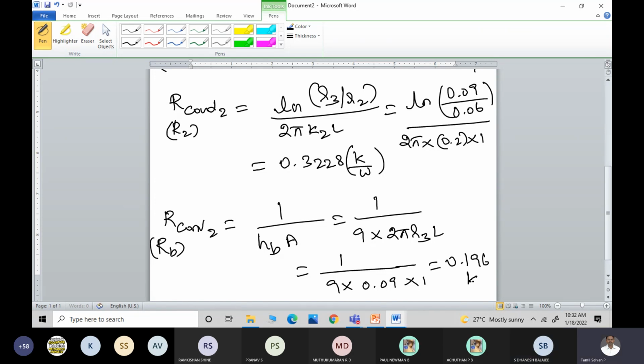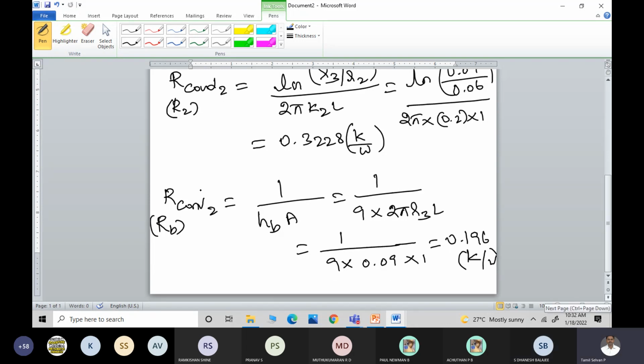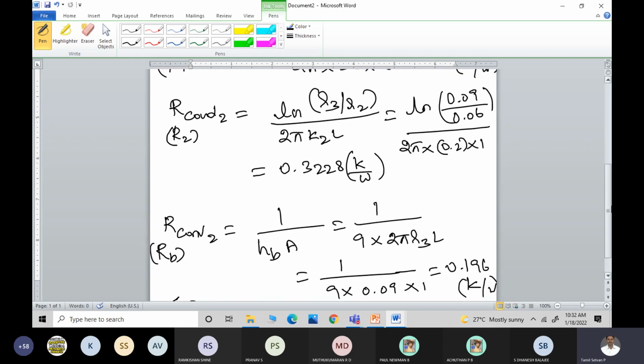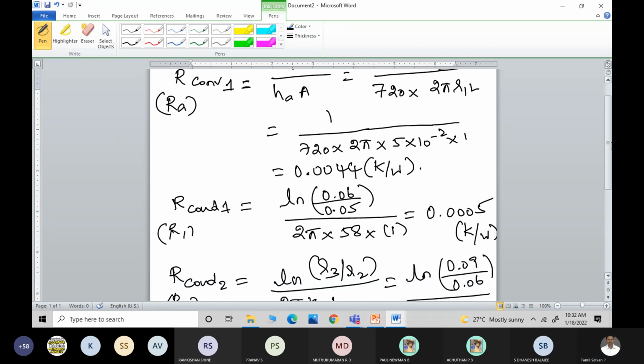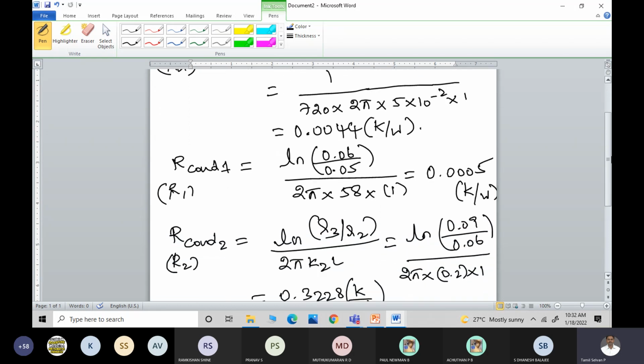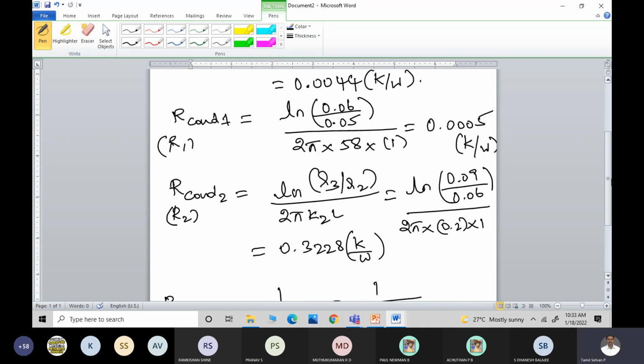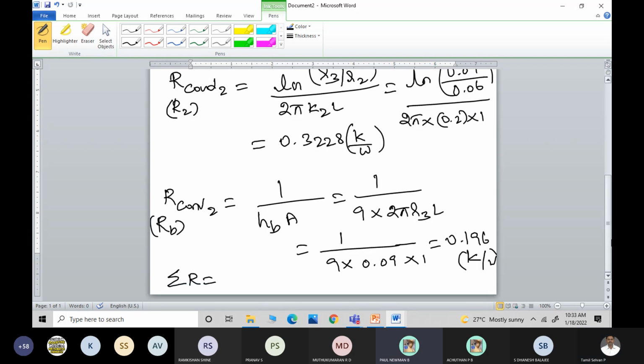Kelvin by watt. Okay, ma. Now find out sigma R, the sum of all these resistances. 0.196 plus 0.32 plus 0.005 plus 0.004. How much does it come? Sigma R is 0.0044, so 0.0049 plus, 0.5229, sir.